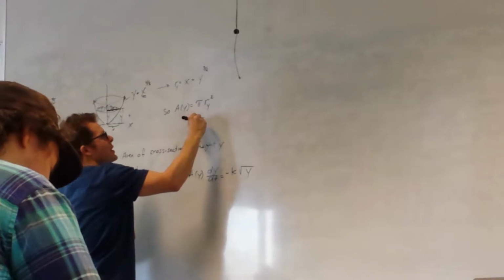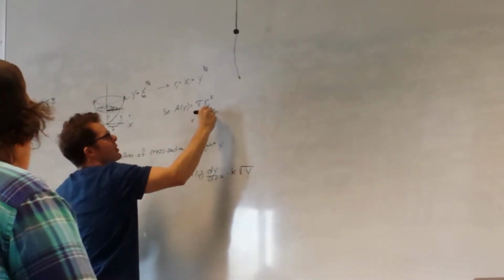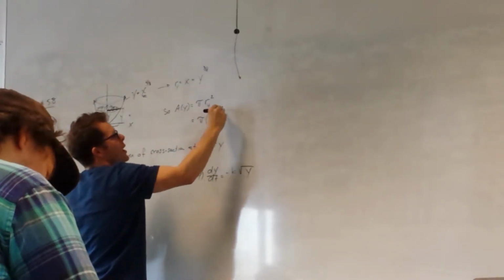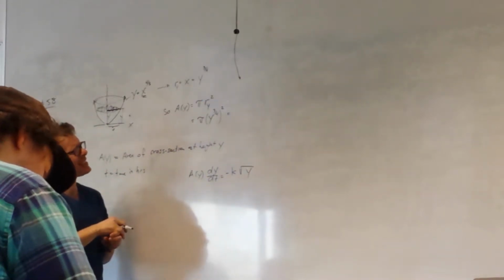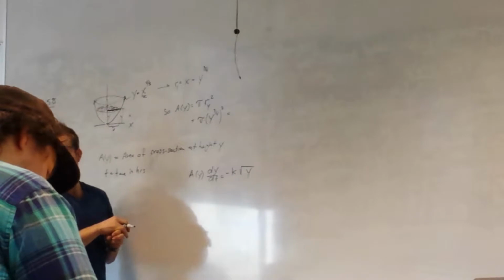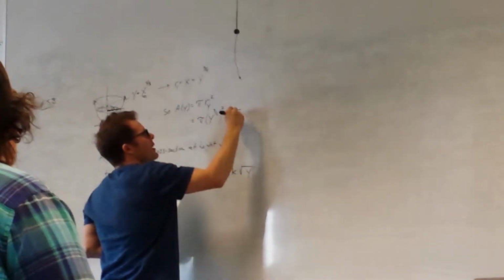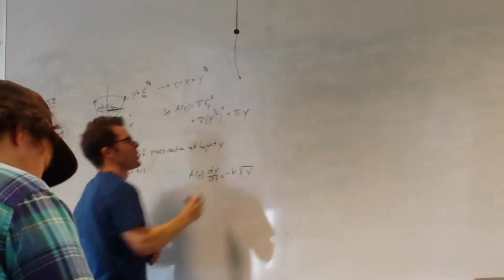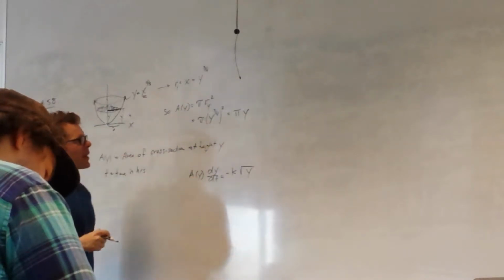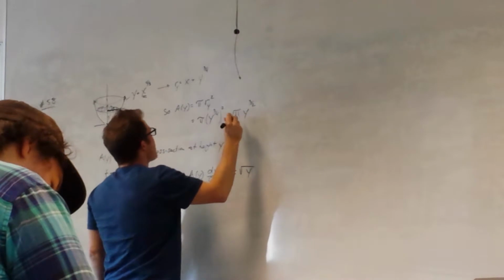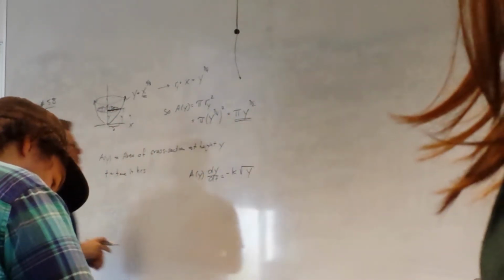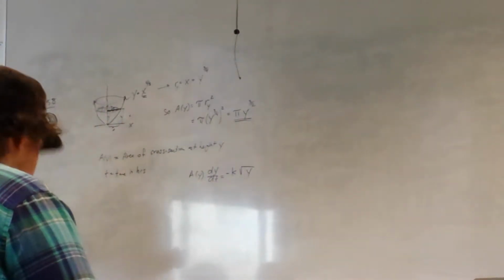So this would be pi times y to the 3/4 squared. Is it 6/8 or is it 6/4? 6/4 is what I said. Okay, you're right, because we're raising a power to a power, that gives us 6/4 or 3/2. So that would be the area of a cross-sectional slice.